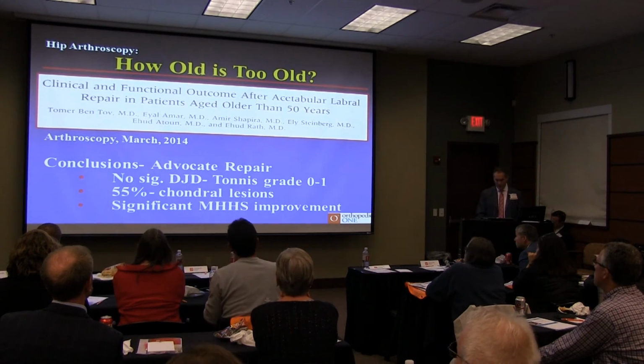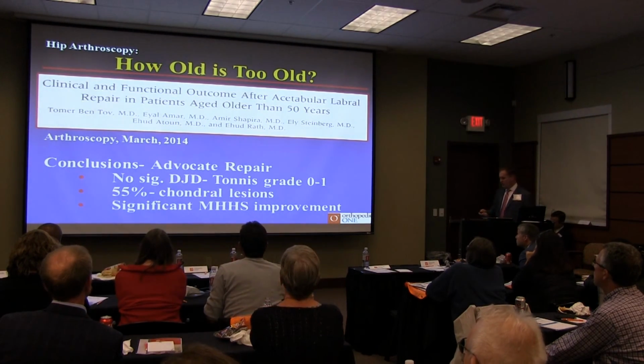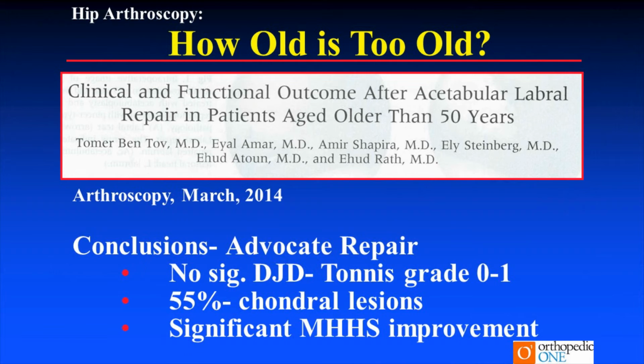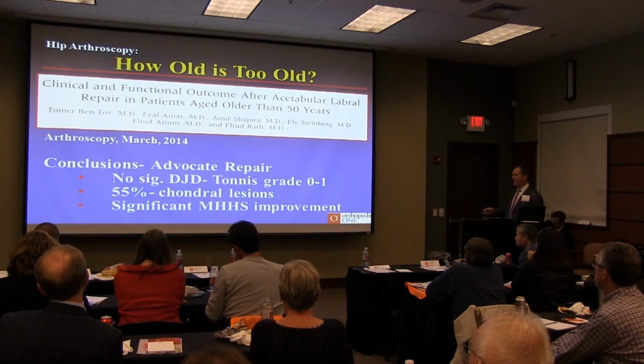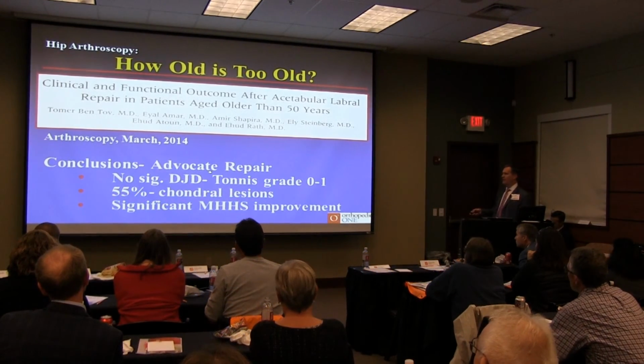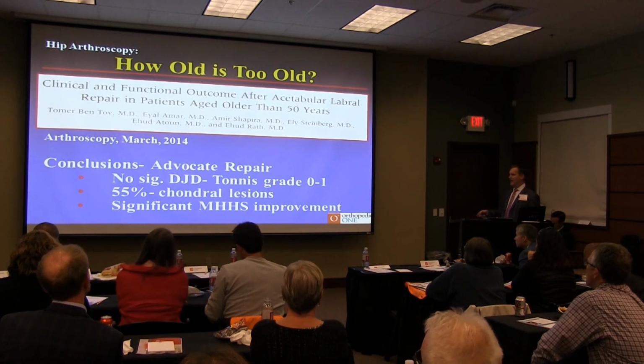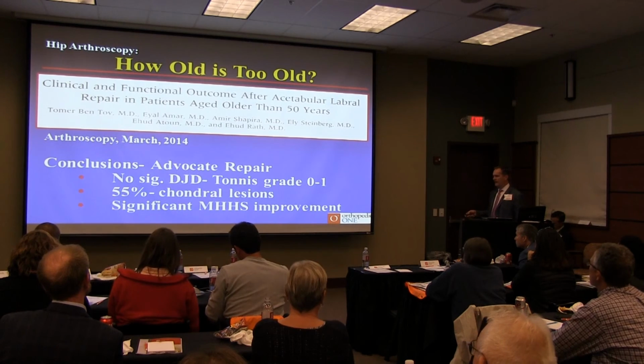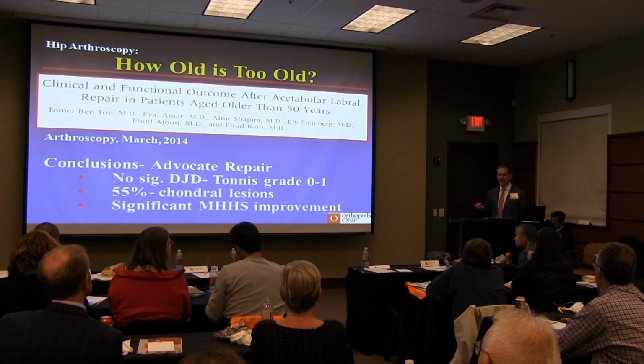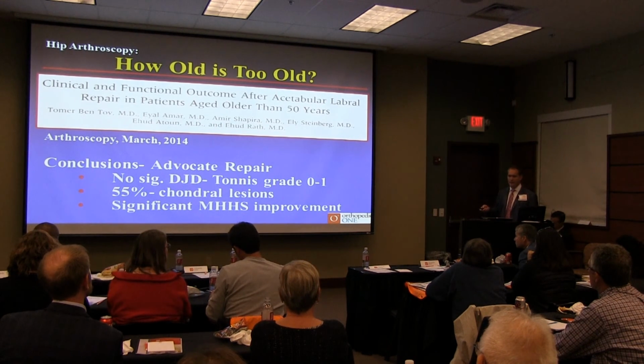How old is too old? So there were some earlier studies that showed people older than 50 don't do well with hip scopes. This one is older than 50, March of 2014. If they have no significant DJD, Tönnis grade 0 or 1, it was found that 55% of these had chondral lesions, but they still had a significant modified Harris hip score. So there are patients that don't have significant arthritis and really minimal to any joint space narrowing.